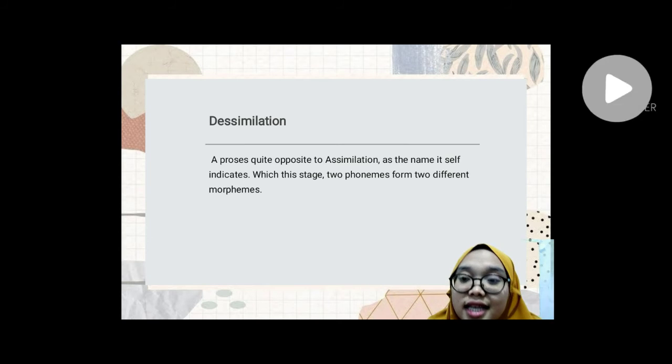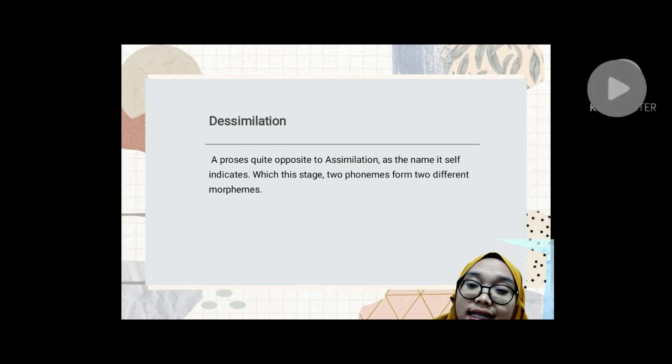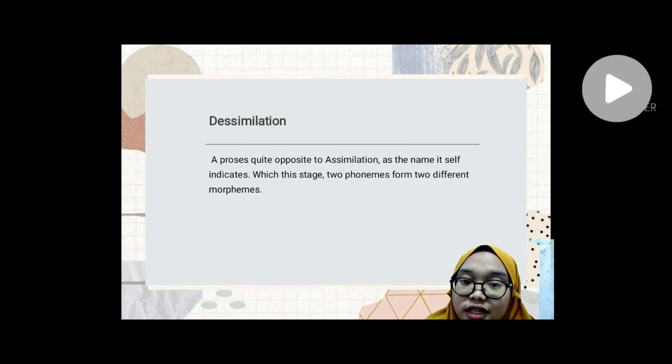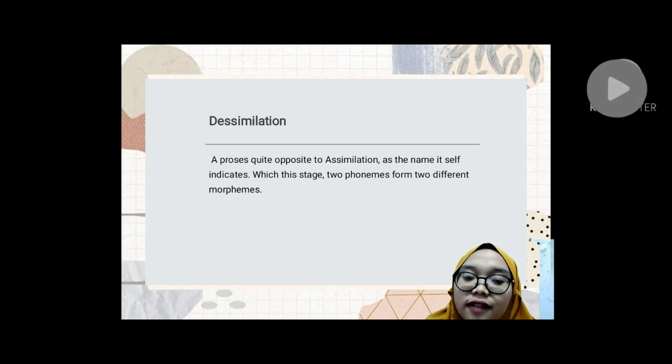Okay, the second is dissimilation. Dissimilation is a process quite opposite to assimilation, as the name itself indicates. In this stage, two phonemes form two different morphemes.